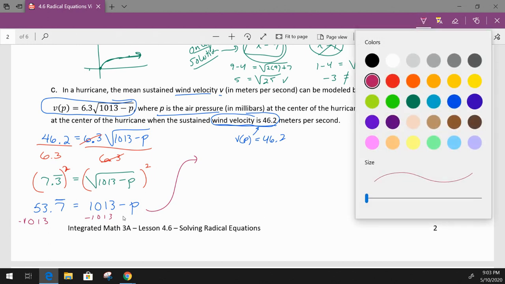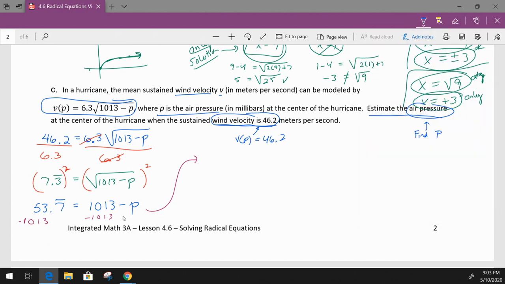And we now have negative 959.2 repeating equals negative P, but we don't want to know what the negative air pressure is. We want to know what P equals, not negative P. So we're going to, last but not least, divide by -1, which will make that a positive P, and a positive 959.2 repeating.